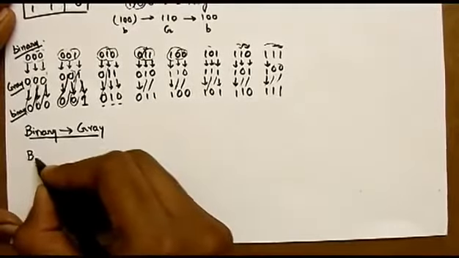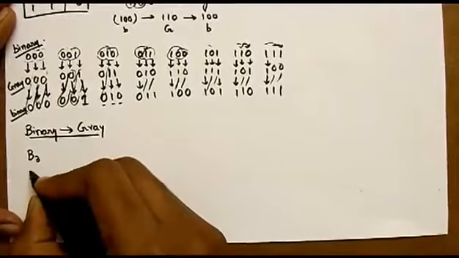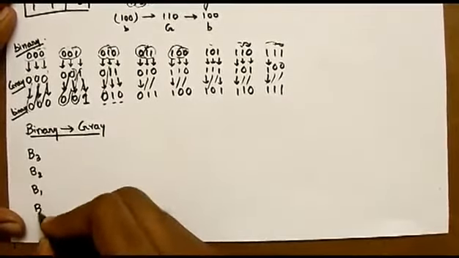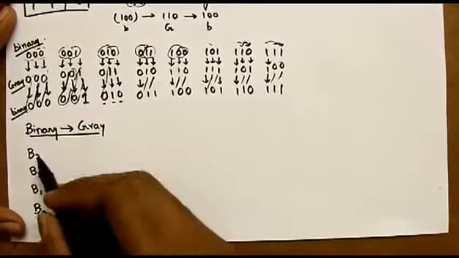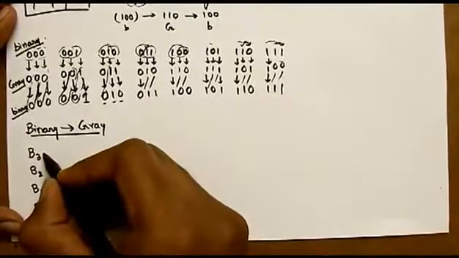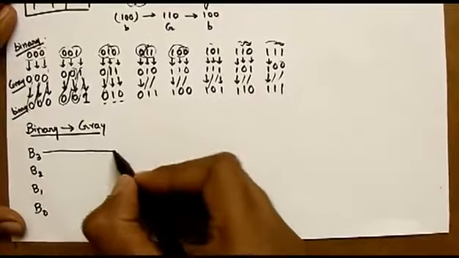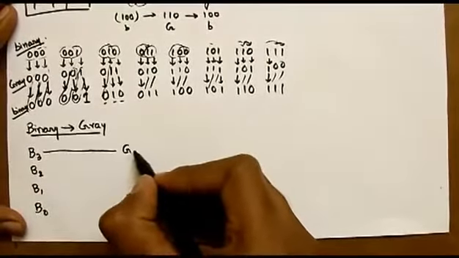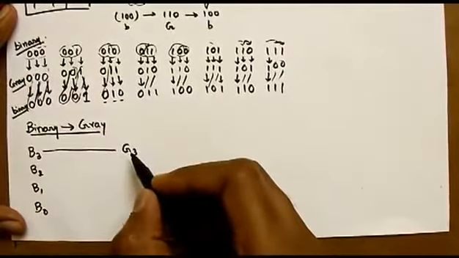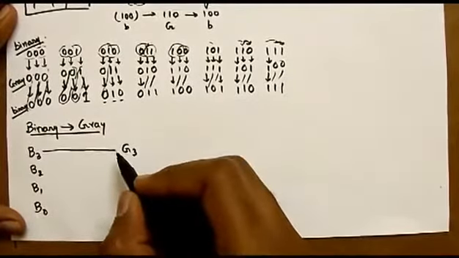I will take a 4-bit binary number this time because we'll be able to look at the circuit more clearly with 4 bits. B3, B2, B1 and B0. B3 is MSB here. As I said, MSB will always remain the same. So MSB goes outside without any logic involved.